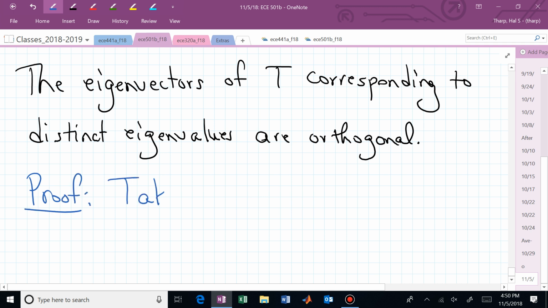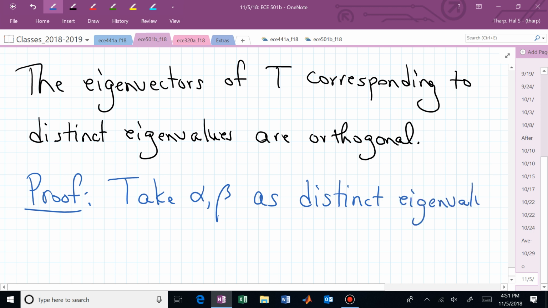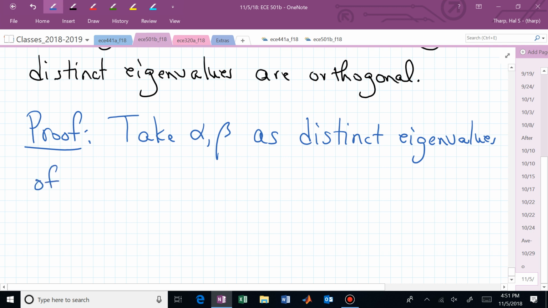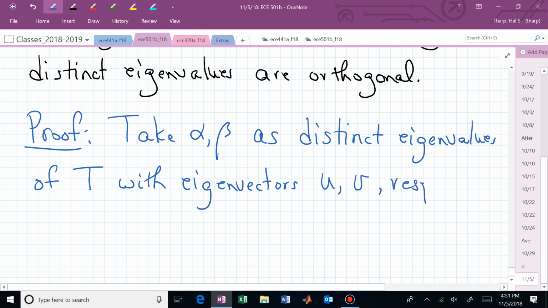So now let's take alpha and beta as distinct. Don't ask me why I've now changed to alpha and beta instead of lambda 1 and lambda 2, but so be it. So now I have alpha and beta as distinct eigenvalues of this normal operator T with eigenvectors, and now let me call those u and v respectively.